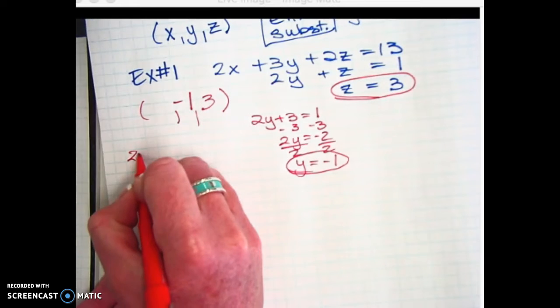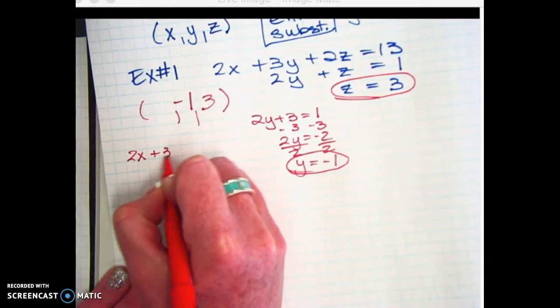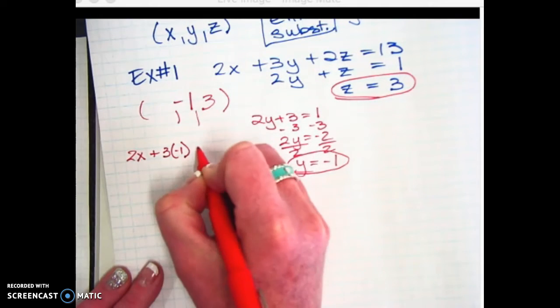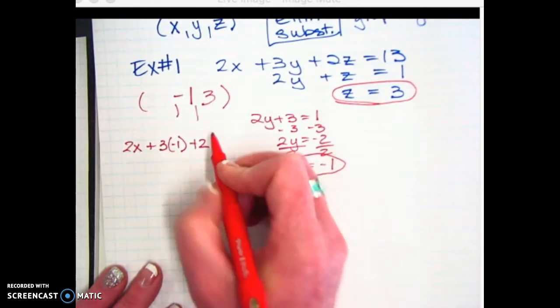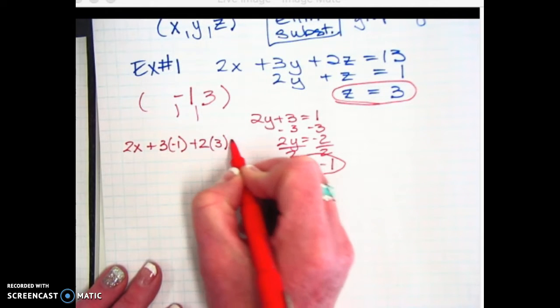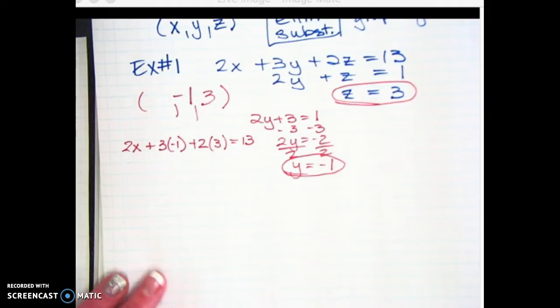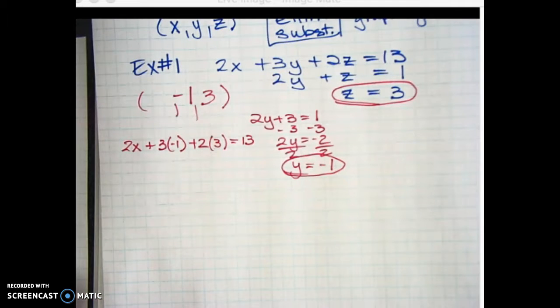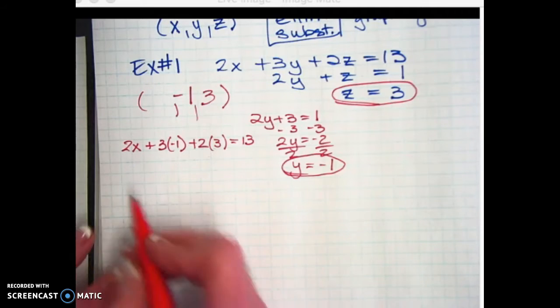So I'm going to have 2x plus 3 times -1 plus 2 times 3 equals 13. At this point, all that's important is make sure you're following order of operations. Make sure you're watching your signs carefully. Just basic, you know, are you a good mathematician?